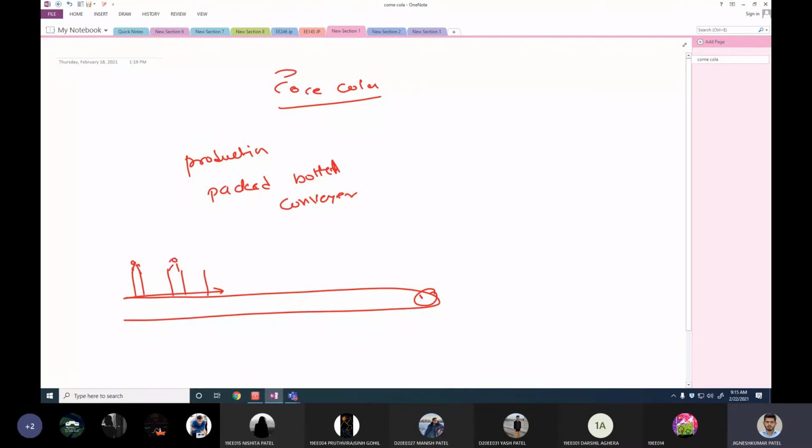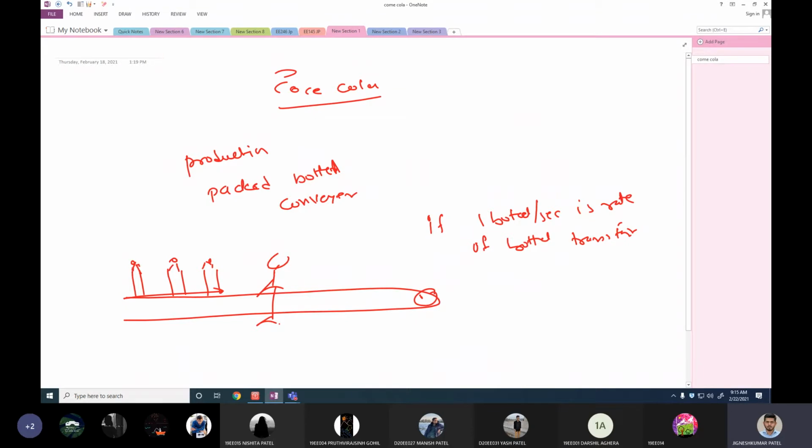Now assume you are standing over here, and I ask you: if one bottle per second is the rate of bottle transfer, that means this conveyor carries a bottle at one bottle per second.